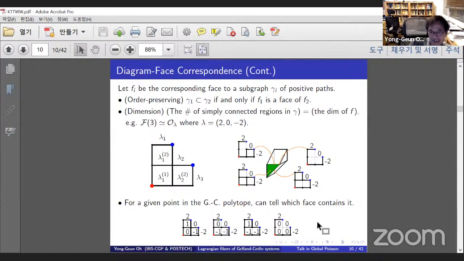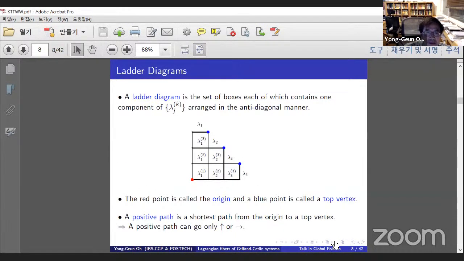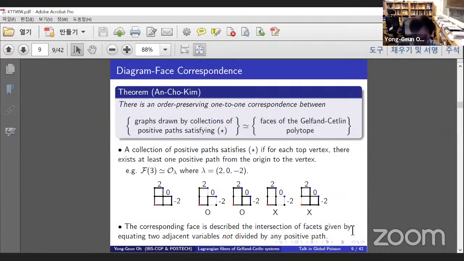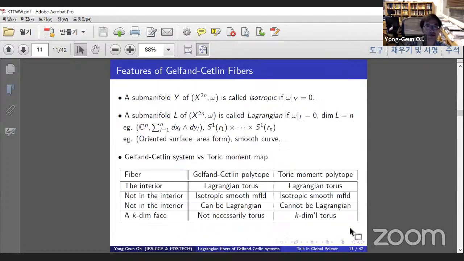And the inequalities for the faces are given by those. I don't have the next page with this. But those are the coordinates: lambda 2,2 is x, lambda 1,2 is y, and lambda 1,1 is z. From this, you can figure out which face corresponds to which.